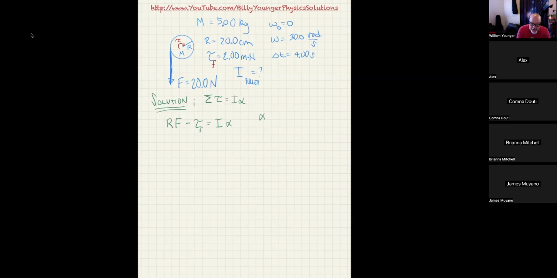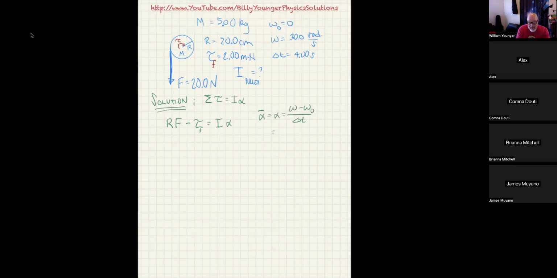And it turns out that alpha, if it's a constant, or if it's not, I can just calculate the average. But in this case, I think we're leaning towards it being an actual constant. So that is just plain alpha, and that's equal to omega minus omega zero over delta t.